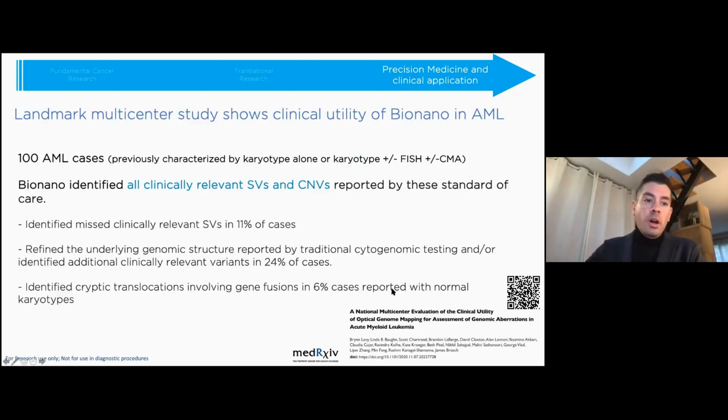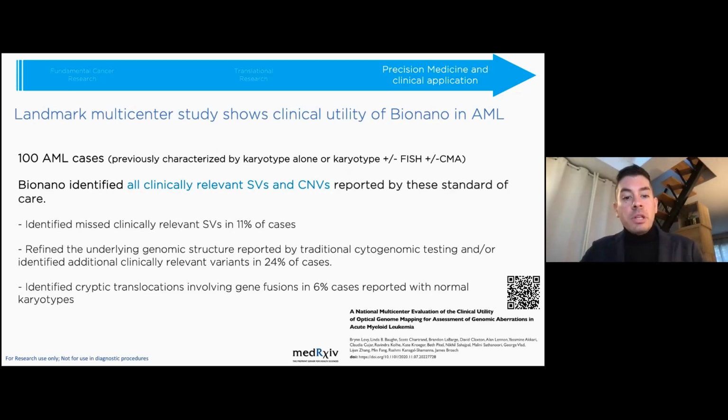The conclusion of their study is that besides identifying all clinically relevant SVs and CNVs reported by the combination of the technologies that constitute their standard of care, and reporting on additional SVs missed by routine methods, optical mapping also refined the genomic structure reported by traditional cytogenetics and identified additional clinically relevant variants in about 24% of the cases.